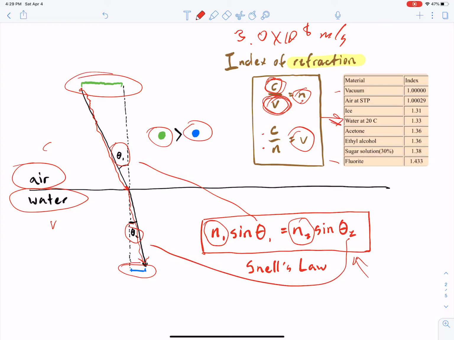It tells us the angle of incidence that the light hit the border, and then it tells us the angle of refraction after it travels past that border. Normally, when we solve problems dealing with Snell's Law, we're given three pieces of information and asked to solve for one. So here, in this video, we're going to practice that technique of using Snell's Law to solve one of those pieces of information.